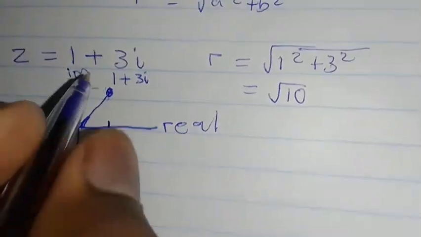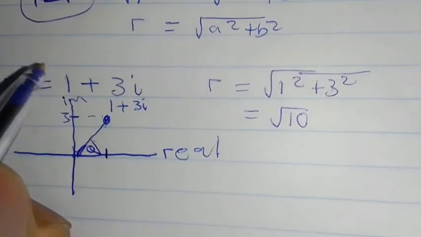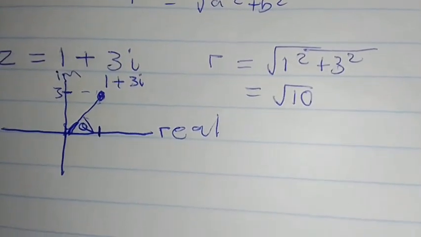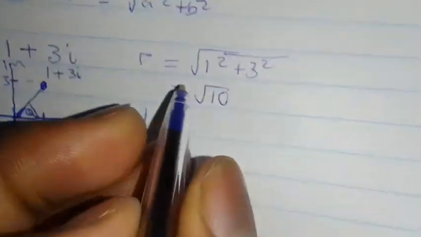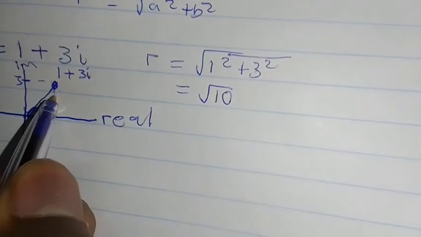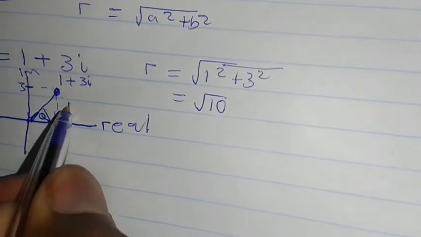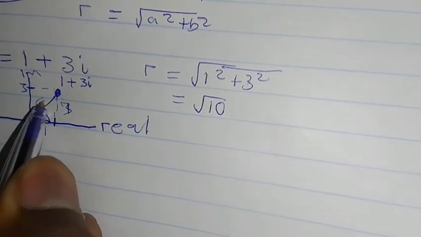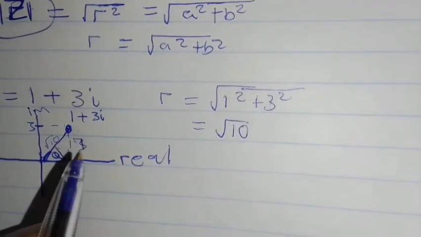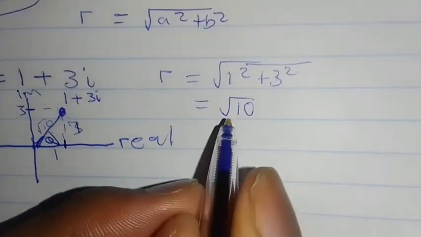And then you can look for an angle. Remember, we're looking to rewrite this in polar form. Remember, this is 1, this is 3, and this is root 10. Now we need to find the angle there.